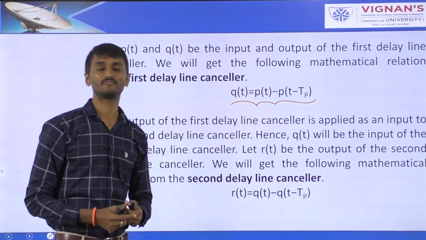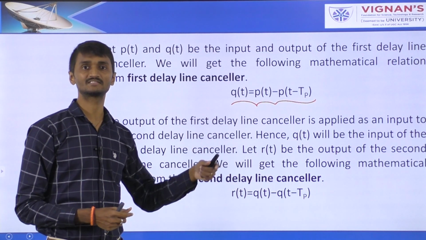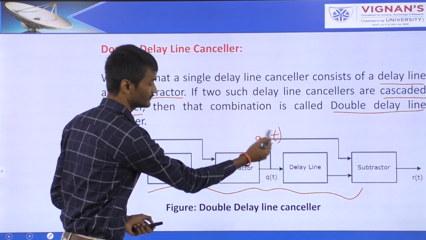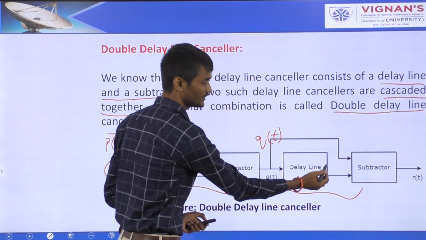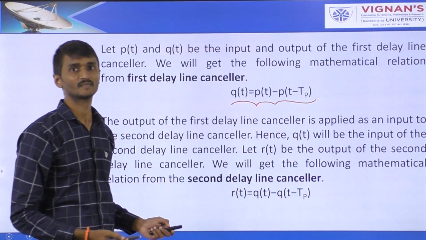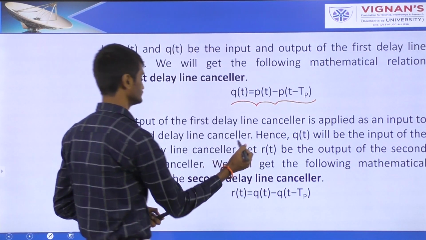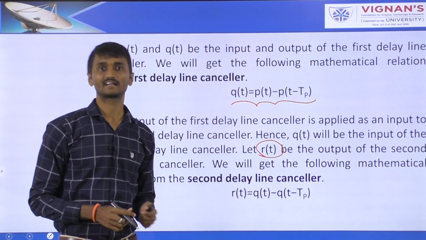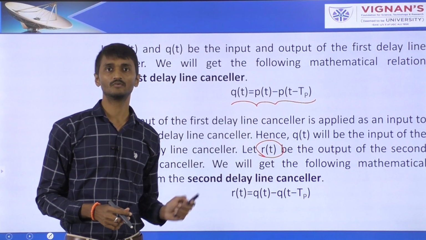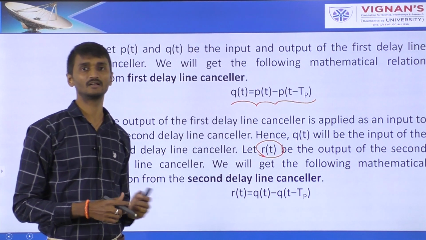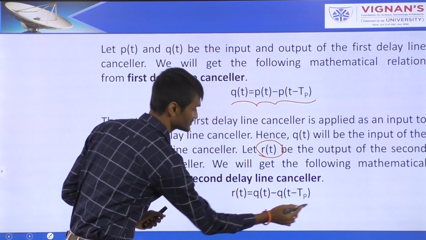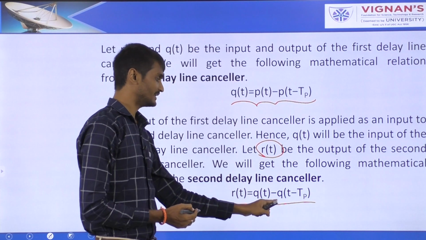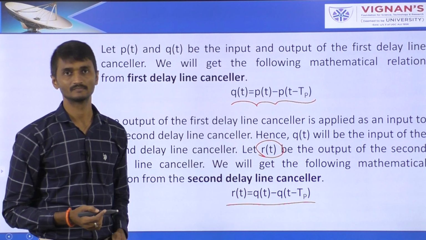The output of the first delay line canceller is applied as the input to the second delay line canceller. Let R of t be the output of the second delay line canceller. We get the relation R of t equals Q of t minus Q of t minus Tp.